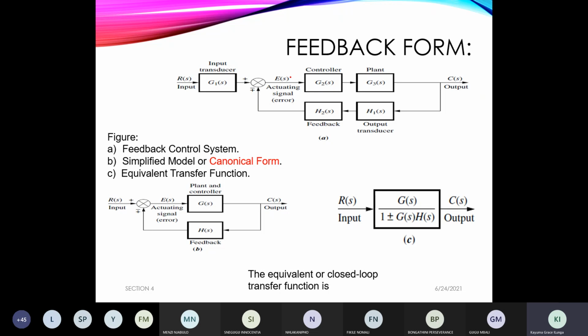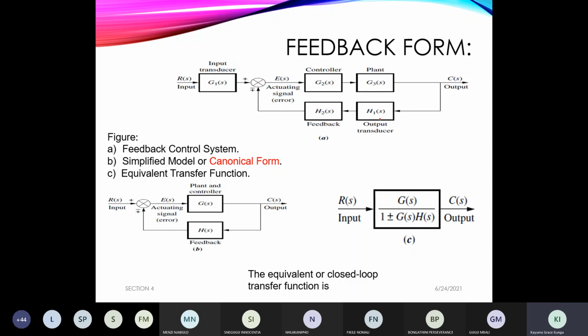That means this is the signal we are going to insert in our system, the signal that already got a feedback of the output. We call it the error because this signal is comparing and doing the summation of the output and the input. In a simple way, this E(s) is equal to R(s) minus C(s), so it's the input minus the output.